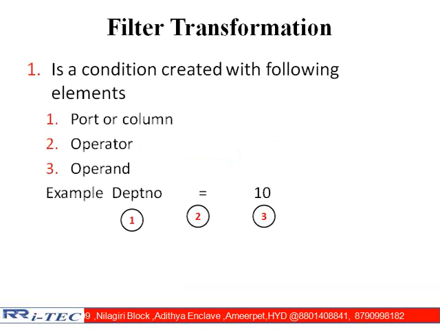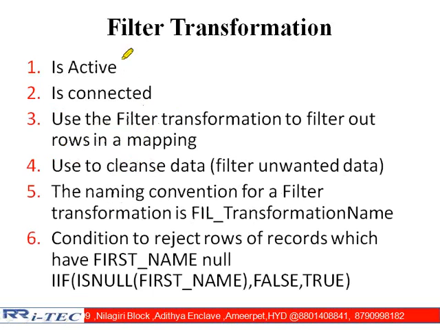The filter transformation always consists of a condition. The condition looks like this: we have a port, then any operator, then any value. So a condition is created with the following elements: port, also known as column, then operator, then operand. Filter is an active transformation. Why?